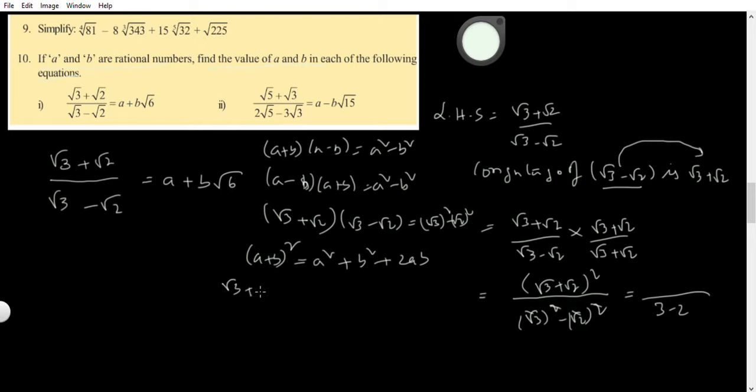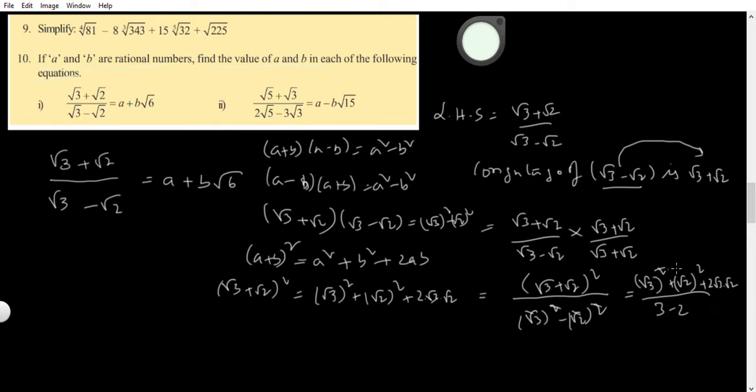(Root 3 plus root 2) whole square is equal to root 3 whole square plus root 2 whole square plus 2 into root 3 into root 2. In place of a I took root 3, and in place of b I took root 2. That's all. Now I can write root 3 whole square plus root 2 whole square plus 2 times root 3 times root 2.